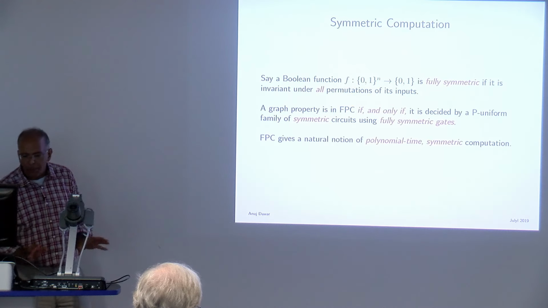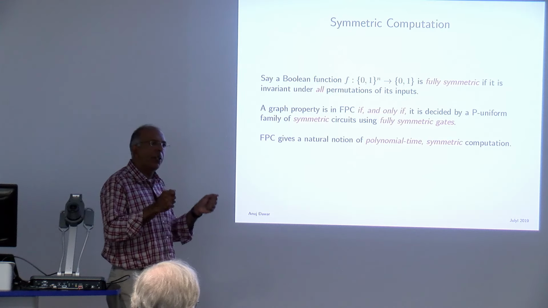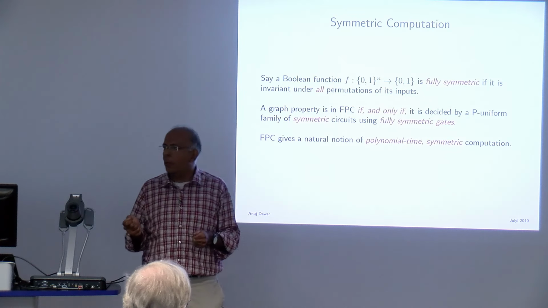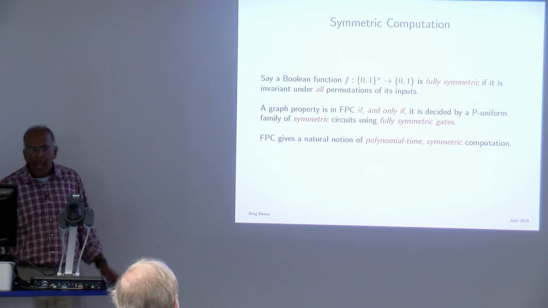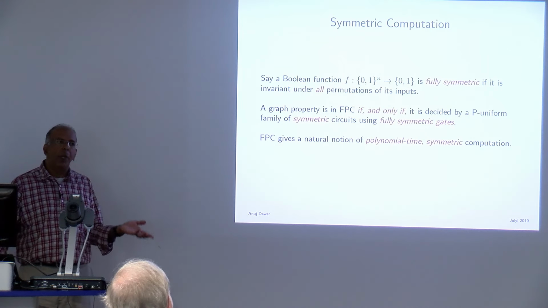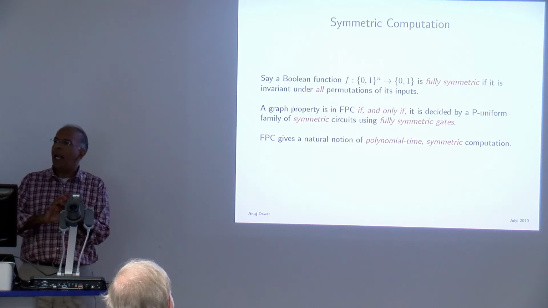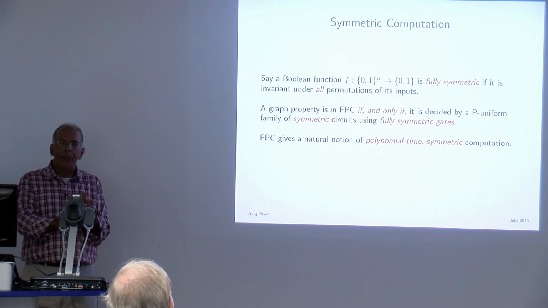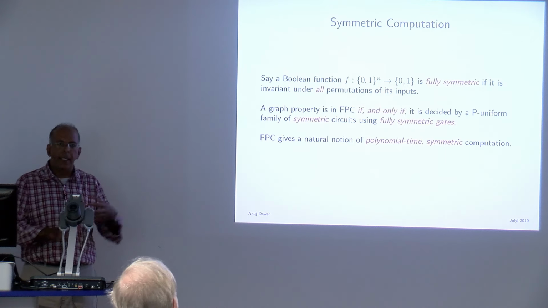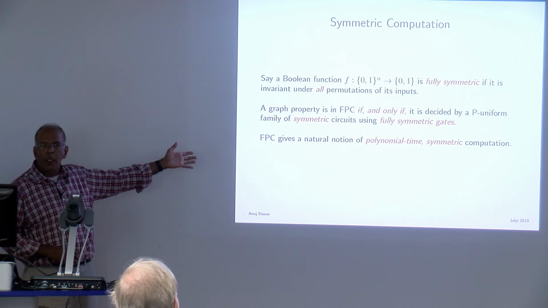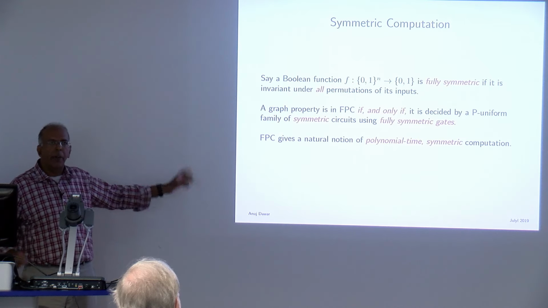So the point is that FPC gives us a very natural notion of what constitutes polynomial time symmetric computation. That's the argument I want to make. And the interesting thing is we can prove both interesting upper bounds and non-trivial lower bounds on the expressive power of FPC, which tells us something about what is achievable using just symmetric algorithms.